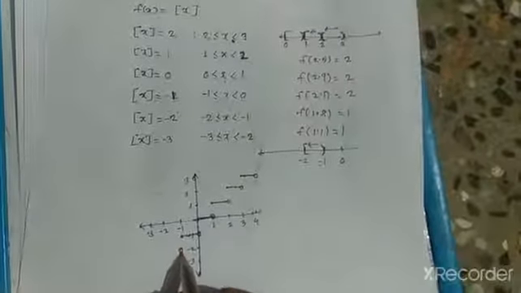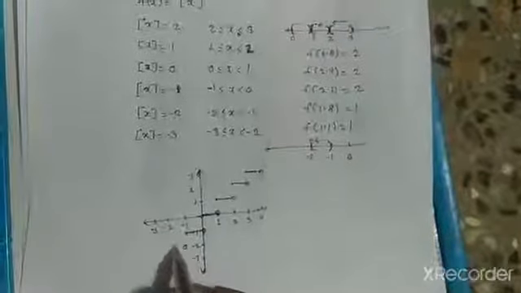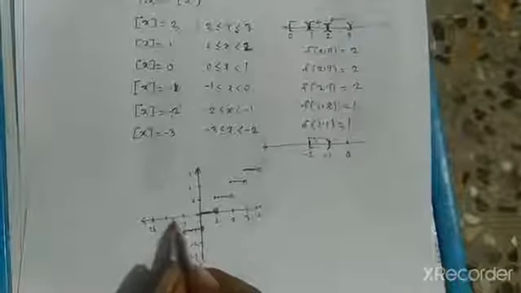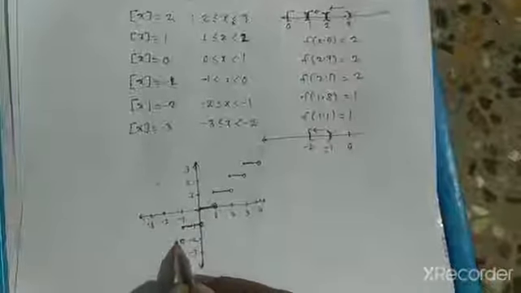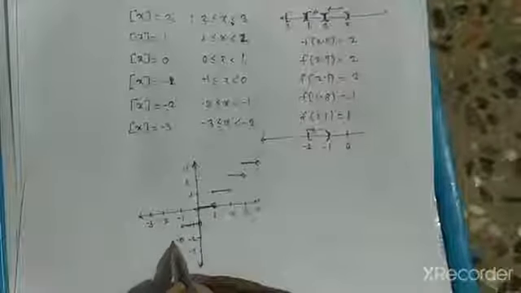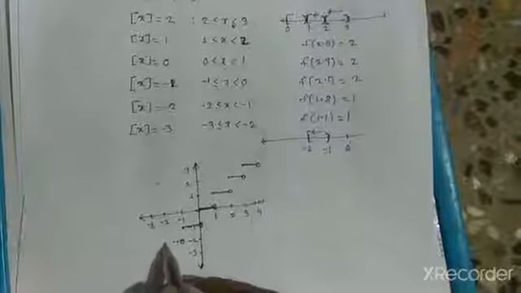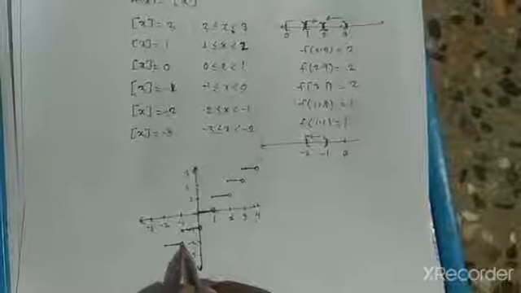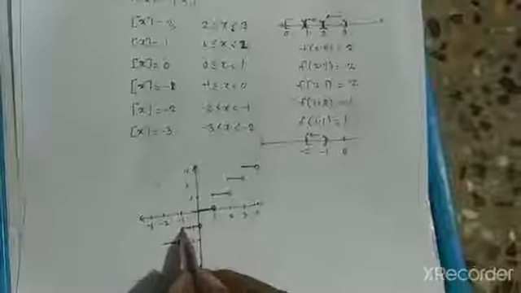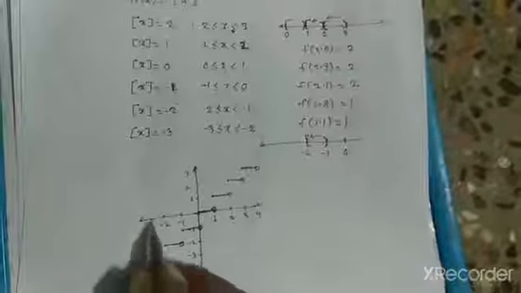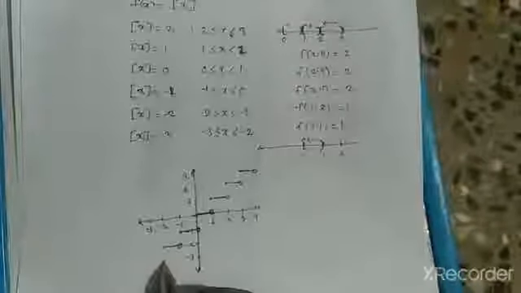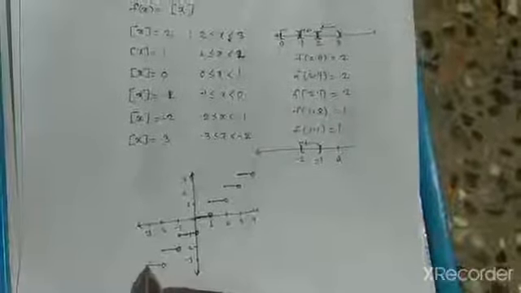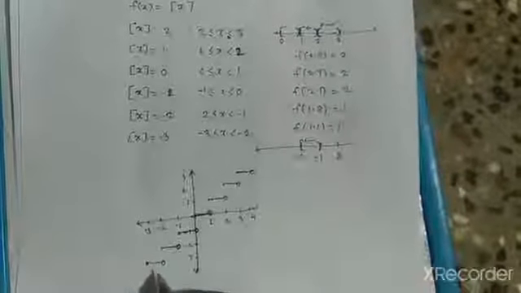So it will be open here. For the next lower values, for -1.2 it is -2, for -1.5 it is -2, and for -2 it is -2. So it will be a line starting from -2 but open at -1, because at -1 it is -1. Similarly we can draw the next. For -2 it is open here and here it will be closed. For -3 it will be -3.